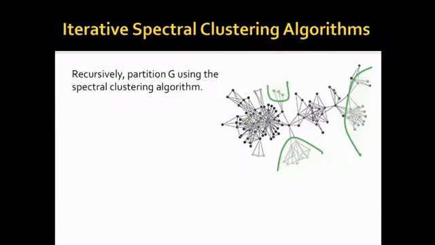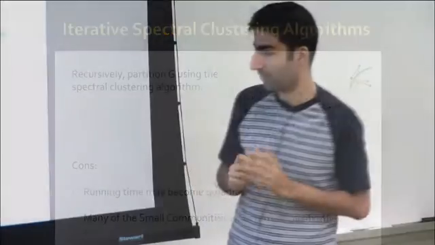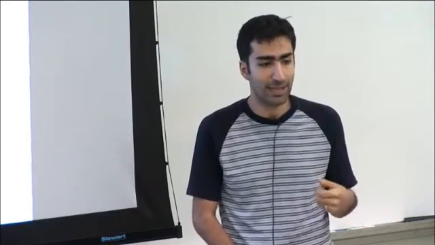But this may not do well in practice, because of two things. The first thing is that although this algorithm is nearly linear time, you may end up spending a quadratic amount of time running it, because there is no guarantee on the size of the output set. It could be that after running in linear time, you just end up separating 3 or 4 vertices from the rest of the graph.